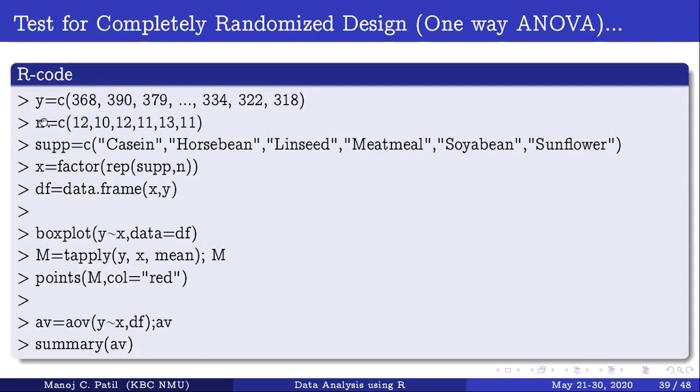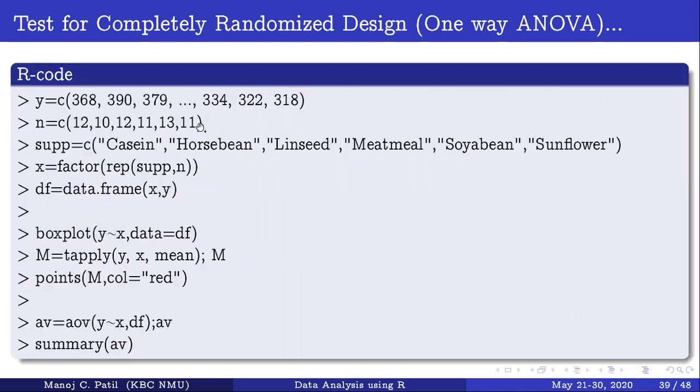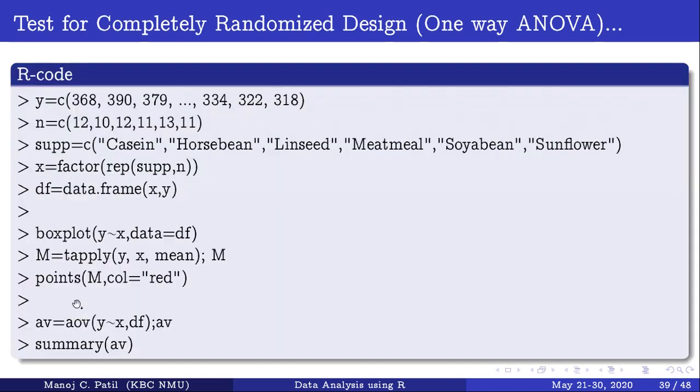Then n is equal to 12, 10, 12, 11, 13, and again 11. That's the number of observations. Then the titles of those supplements: casein, horsebean, linseed, likewise 1, 2, 3, 4, 5, 6.